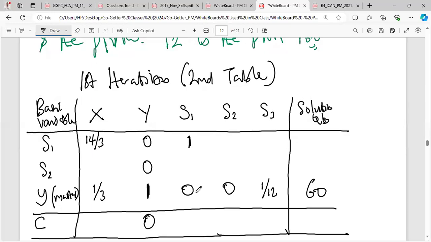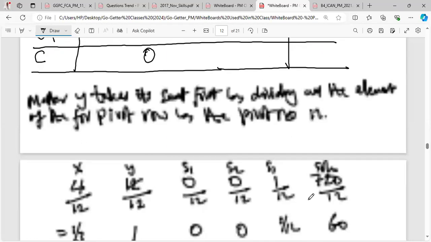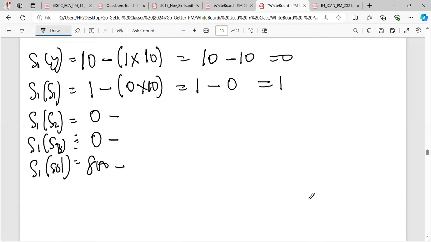Now, what is the corresponding value in Y? In master Y, S1 is 0, S2 is 0, 1 over 12, and 60. We have done S1. S2 is 0, 1 over 12, 60.